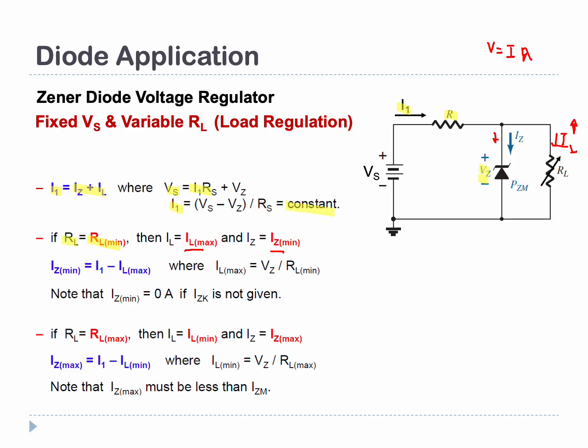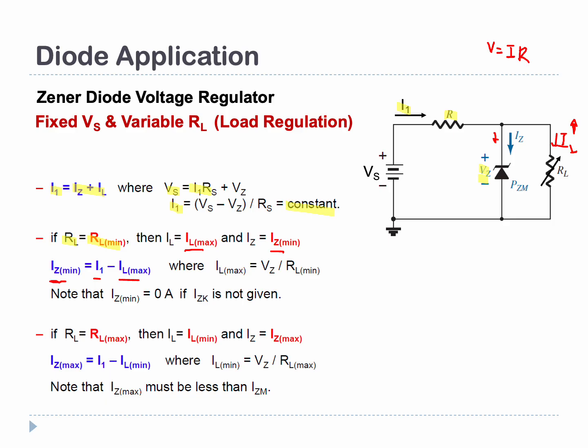R, this is R. V equals I R. So when your IZ is minimum, it's going to be I1. How to calculate your IZ minimum? It's going to be I1 minus IL maximum.